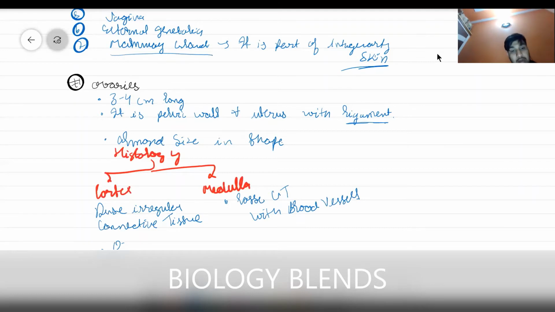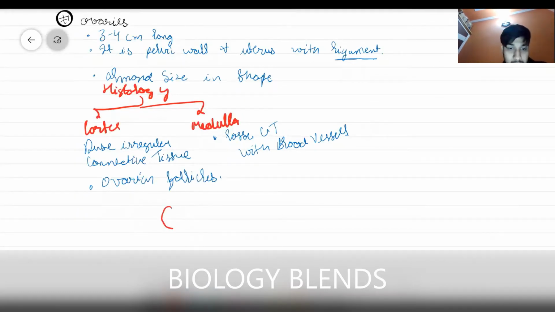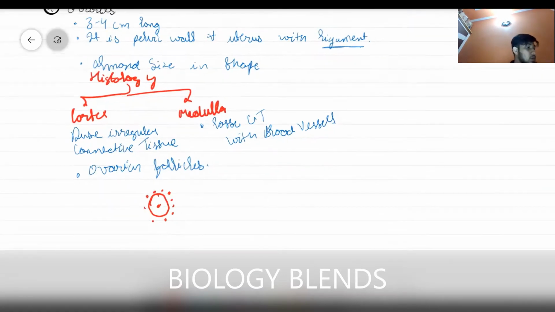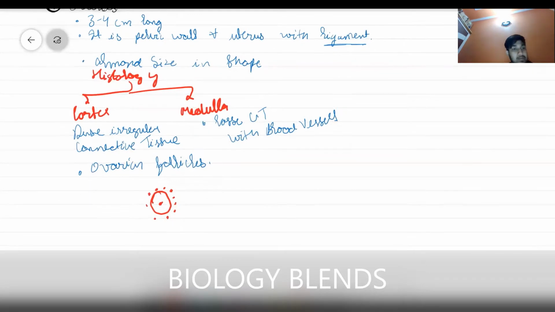It has ovarian follicles. And what is an ovarian follicle? An ovarian follicle is basically the ovum surrounded by the granulosa cells.